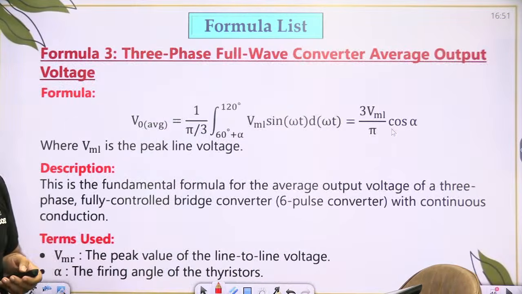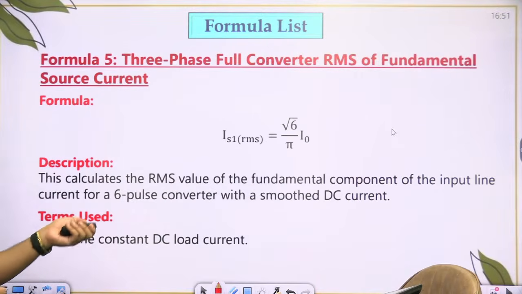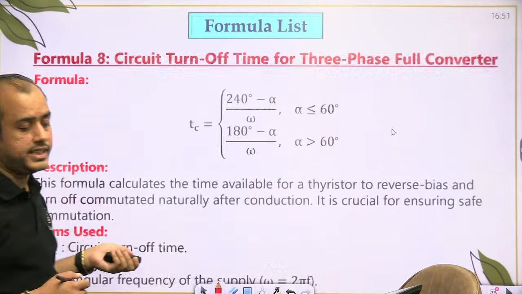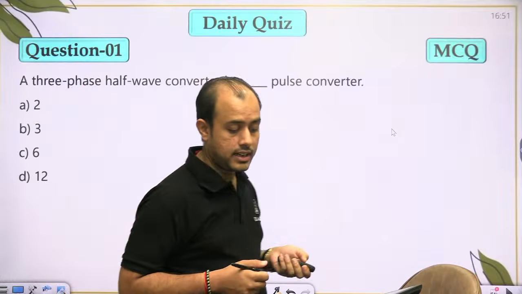Is that clear? So that is the average, fundamental RMS, total RMS, G, IPF, TC, gamma, FD.